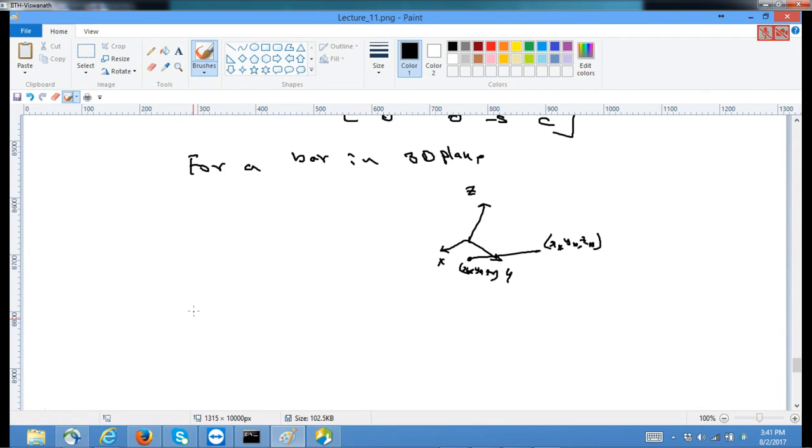In 3 dimensions, the transformation matrix T for such things is pretty simple. Assume that even though the bar lies in 3 dimensions, the rotation is only in the 2 dimensional plane, because you don't have rotation in the 3rd dimension.